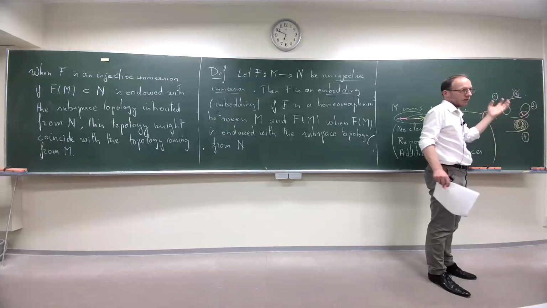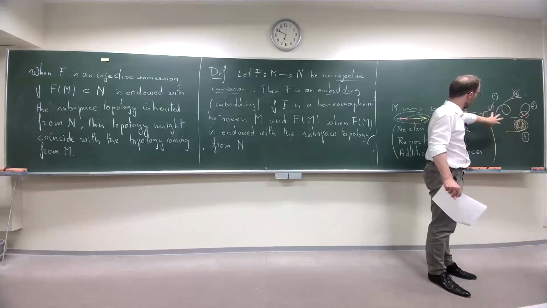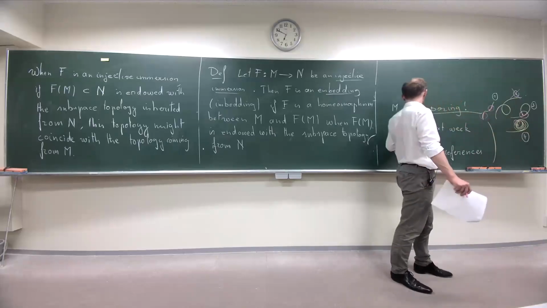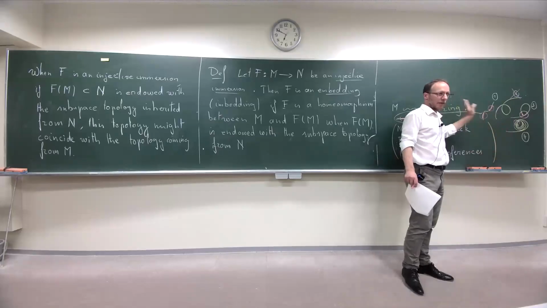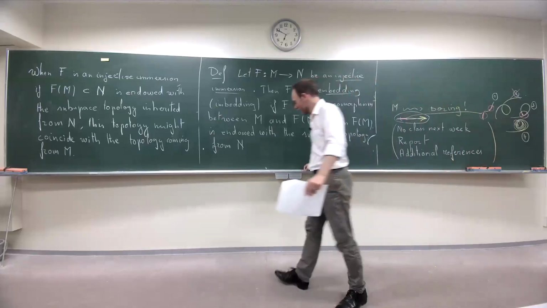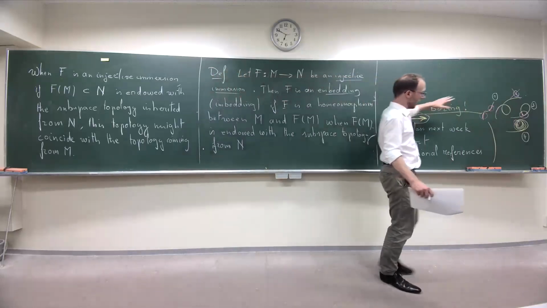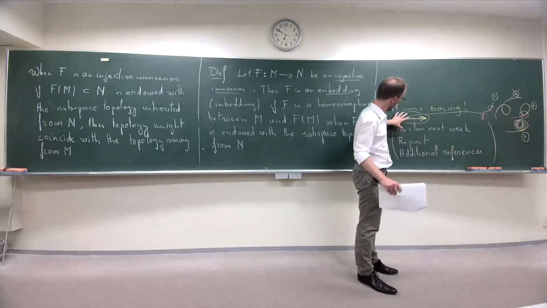So I take, typically, an open set in R2 is a ball. Of course, we have others, but this is the basis. So we take a ball, we take the intersection with the curve, I end up with an interval like this, and there is an isomorphism between these two things. So no, this is an embedding. So an embedding means you represent something in a bigger space, but you respect the local structure.